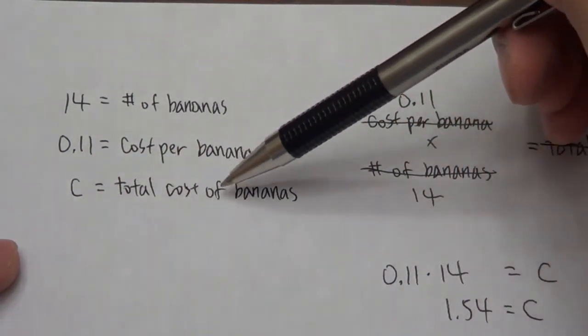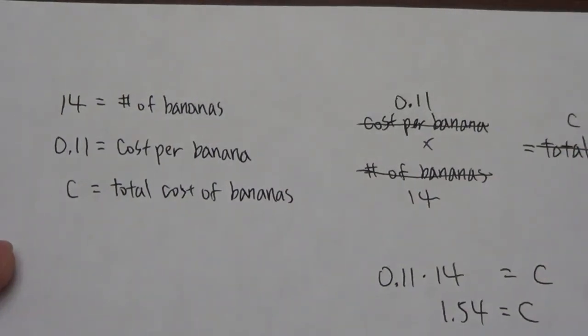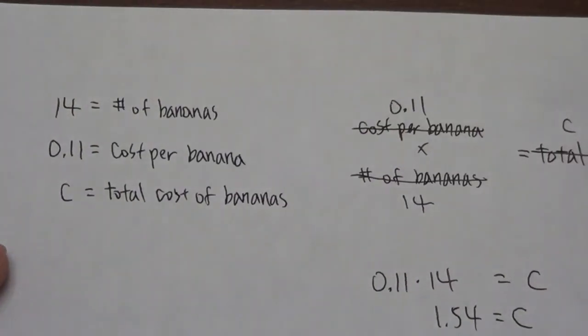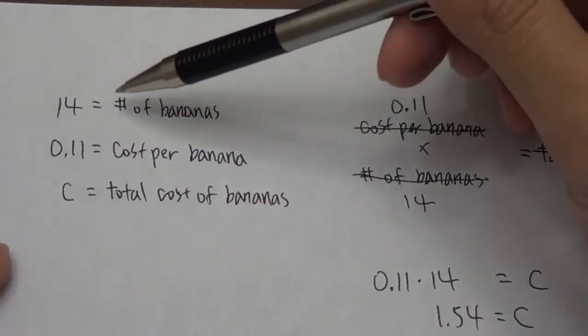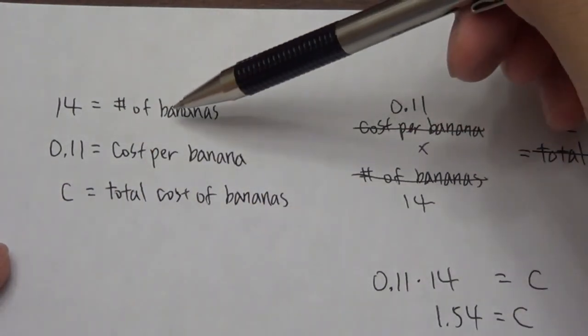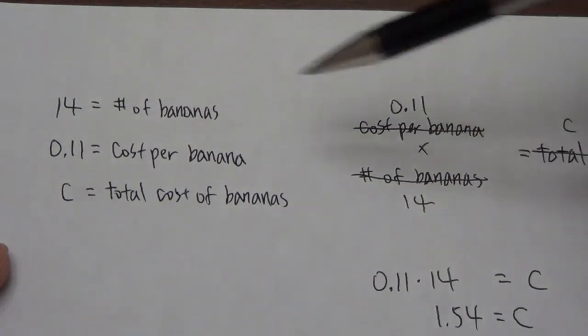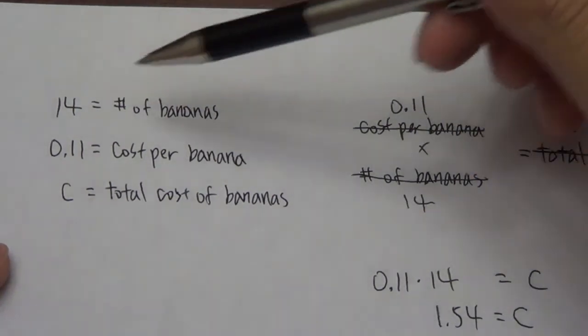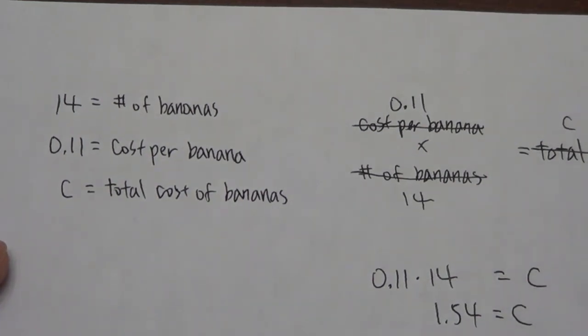We're trying to find the total cost of the bananas, and that way we no longer need the actual problem. We can just focus on the important information. And then you focus on the terms, what the numbers represent, and that usually will help you get the equation a little better. And then you just substitute in the numbers where they go, and then you would get your equation. And then it just becomes a normal solving for x or solving for whatever variable problem.